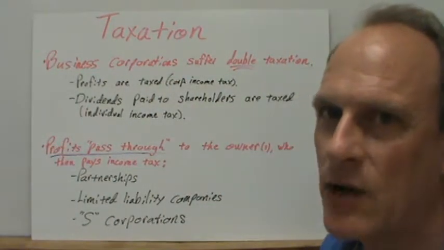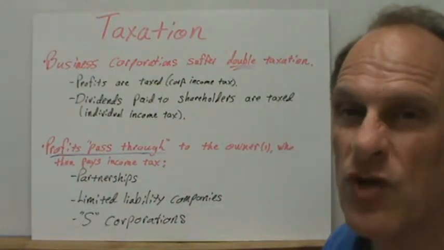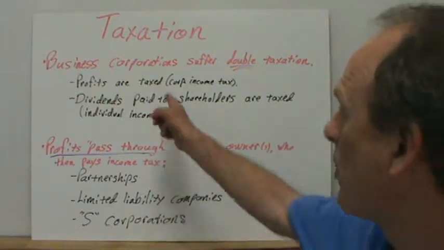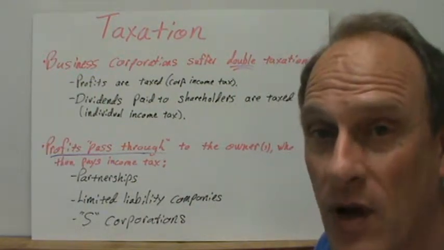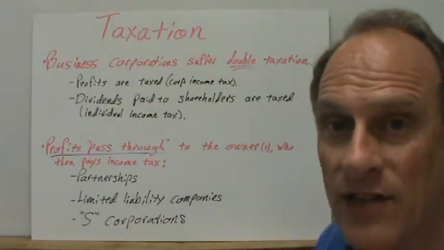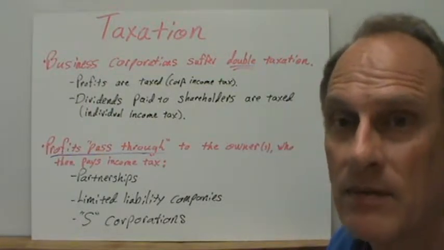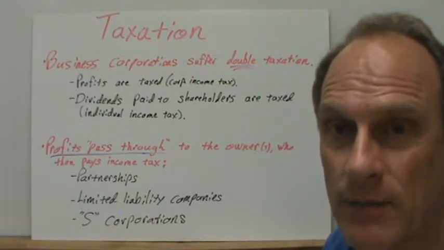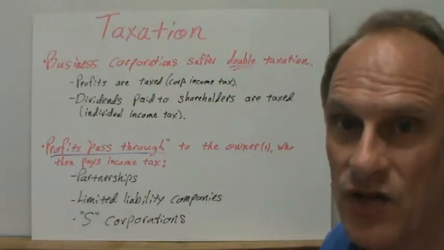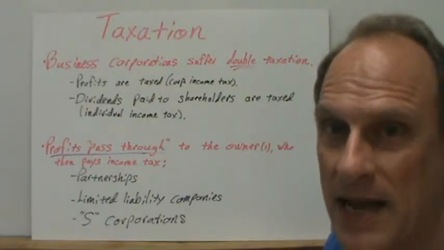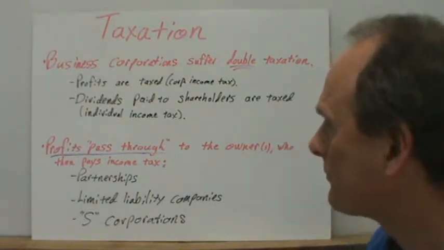Taxation, this is a biggie. Business corporations are double taxed. Profits from the corporation are taxed at the corporate level by way of the corporate income tax, both the federal and, if you've got a state corporate income tax, corporations are going to be taxed.